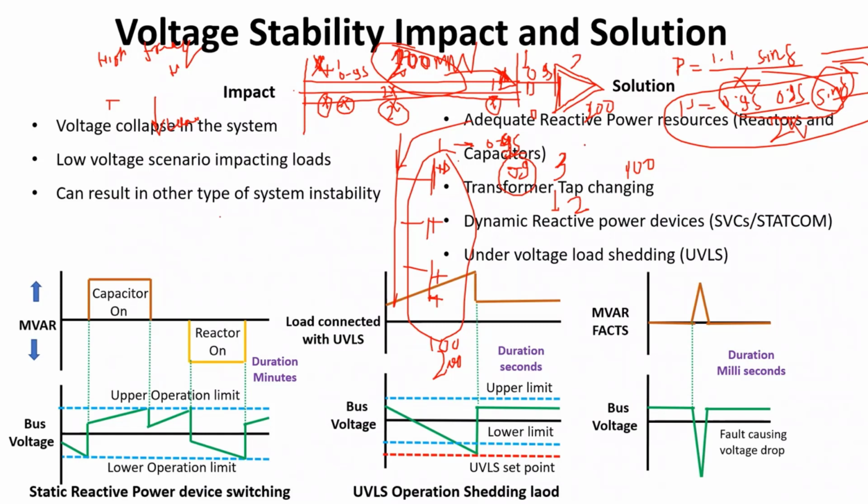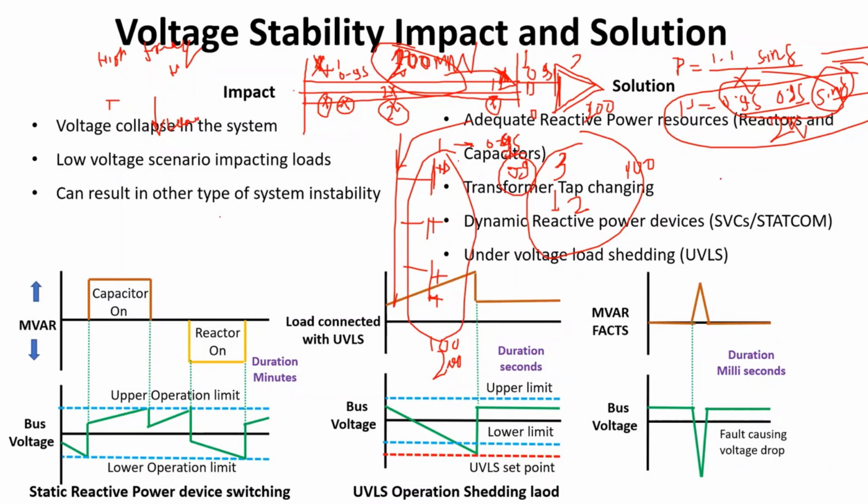So if I have that much margin, this time delay will depend on how much time I have available so that the system will be stable in that particular portion unless there is another contingency.